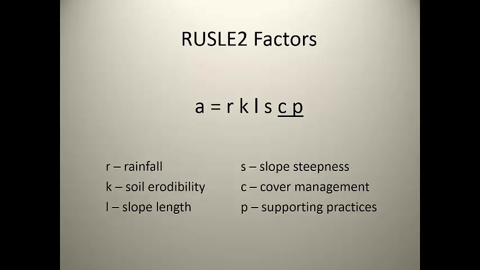We have the rainfall factor, which is based on rainfall intensity, the amount of rainfall we get per year. However, it does not deal with snow melt. However, within RUSLE2, probably in the science model, we can look at some information regarding runoff in terms of snow melt.